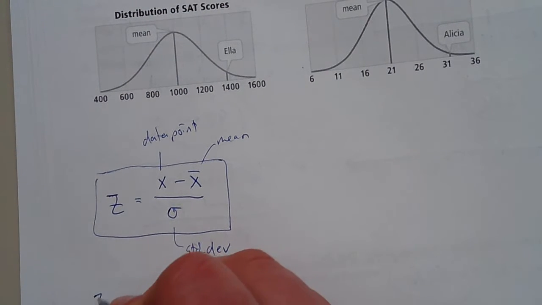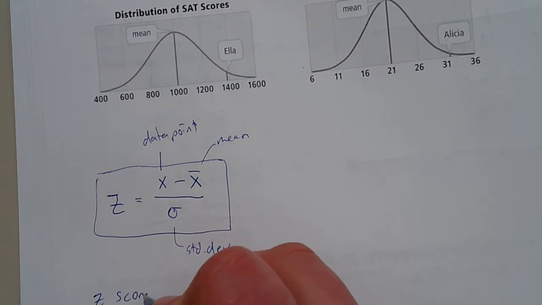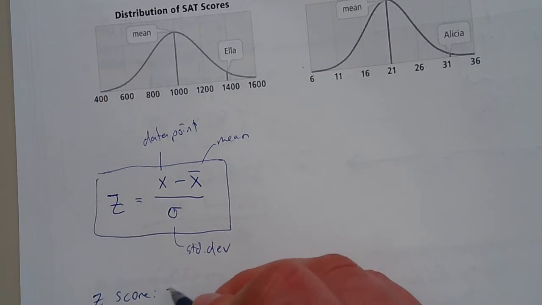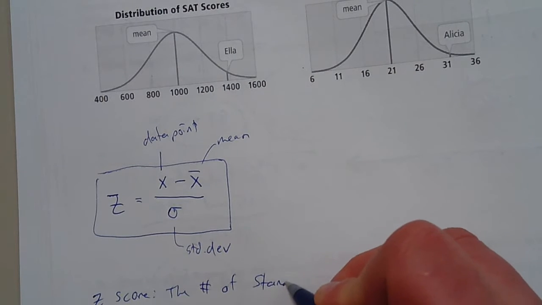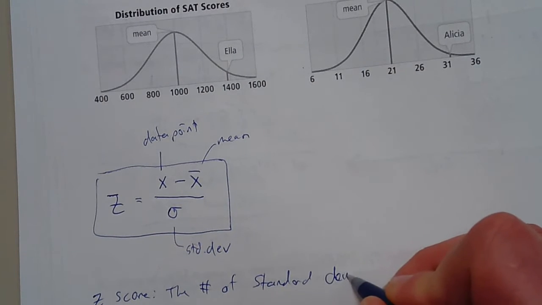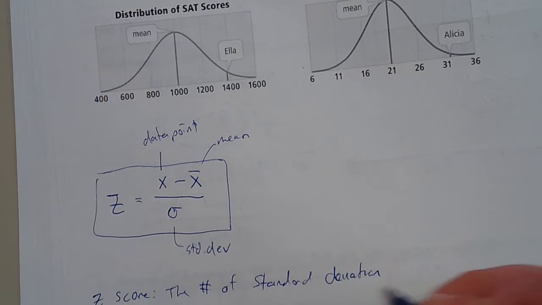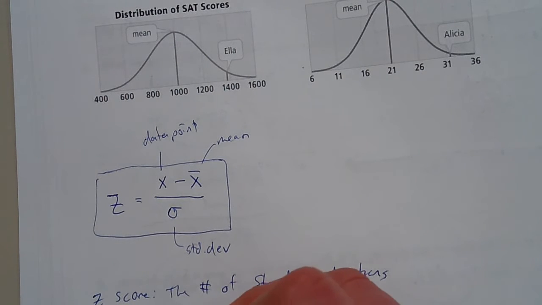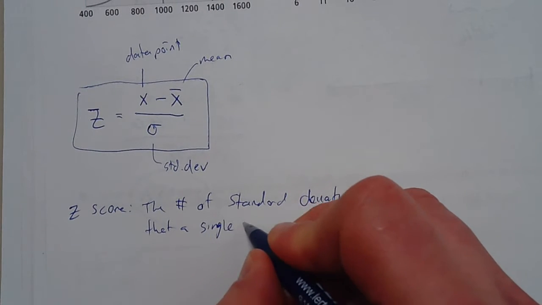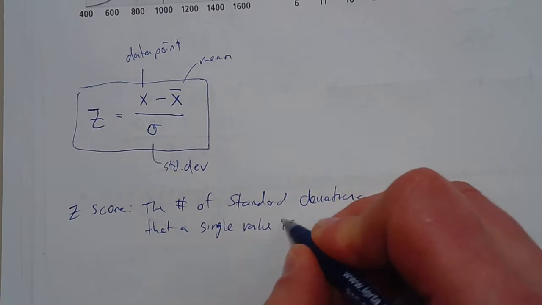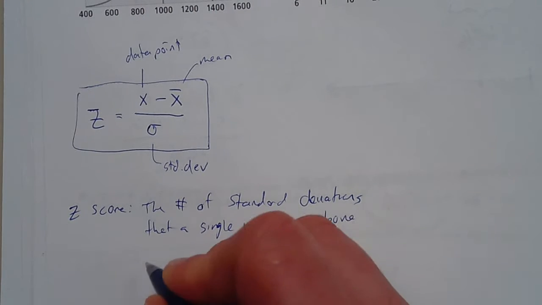And the z-score, if you want to define it here, is the number of standard deviations that a single value is above or below the mean.